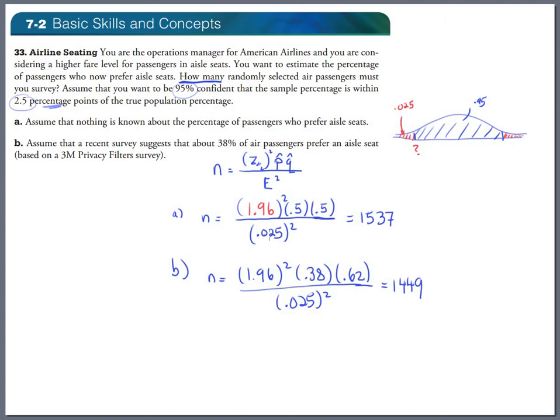Okay, so that's 33. 35 is pretty similar, but let's just run through it quickly. So if you're good now, you can stop the video, of course, but we'll look at 35 as well.